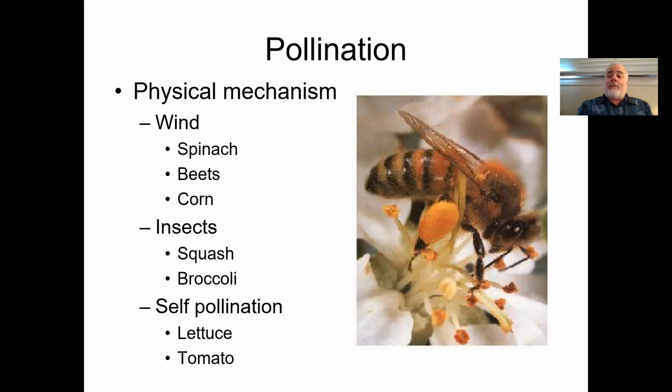And there are different mechanisms of pollination, but pollination is the transfer of pollen from a male flower to a female flower, or from the male portion of the flower to the female portion of the flower. Now, sometimes it can be on the same plant, sometimes it has to go to another plant, or sometimes it can do whatever it wants, and we'll talk about that in a moment.